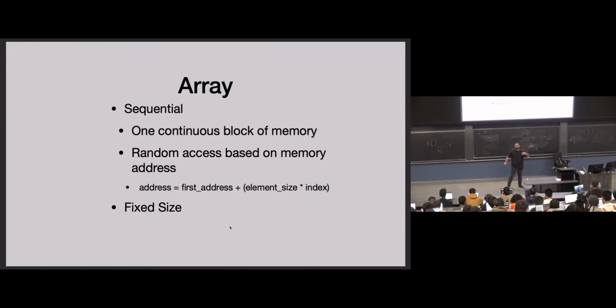An array, underneath the hood, in memory, starting next week, we're going to talk a lot about memory. An array in memory is one continuous block of memory. And your memory is going to be the RAM sticks in your machines. Memory is effectively one giant array where the memory is addressed at what we call memory addresses.